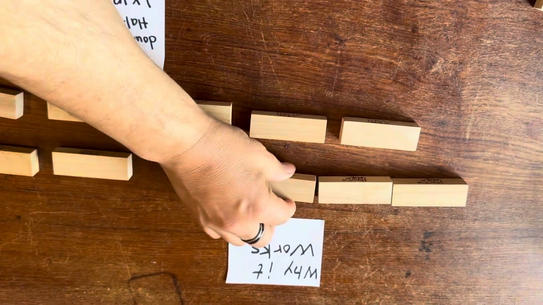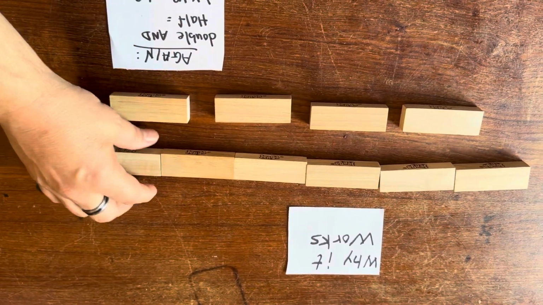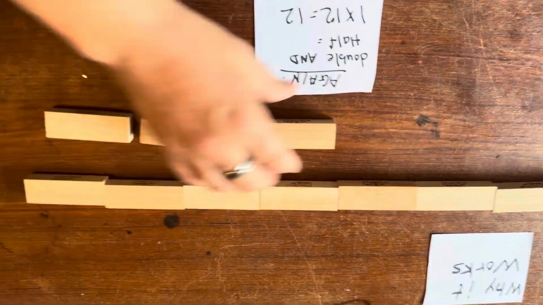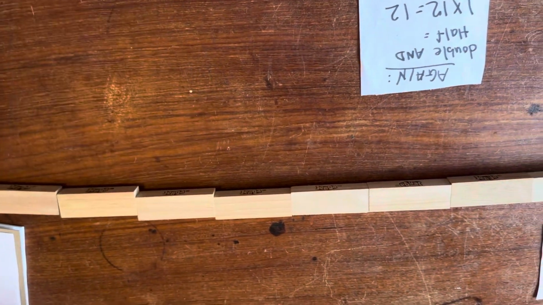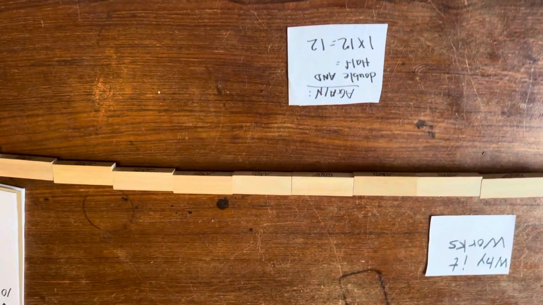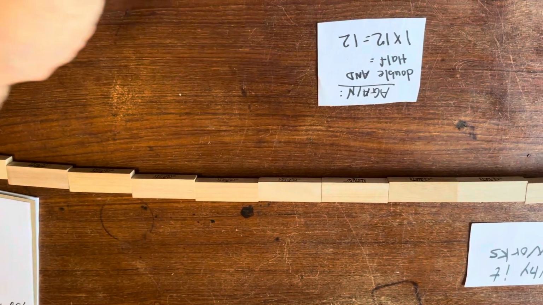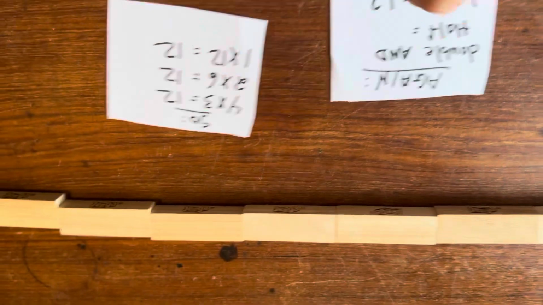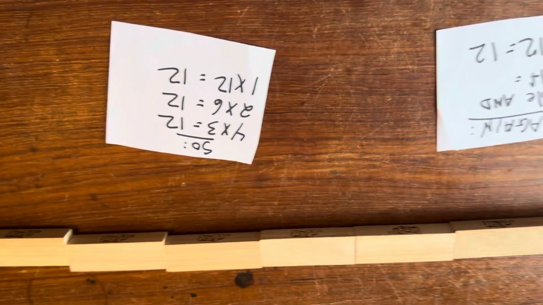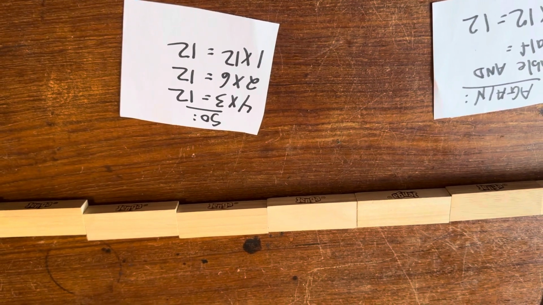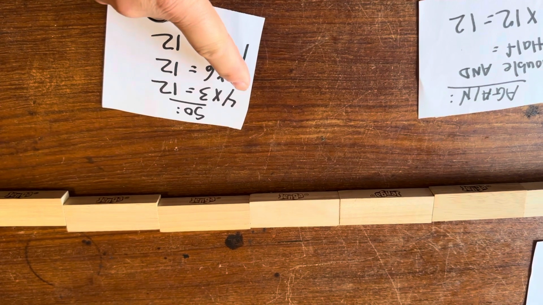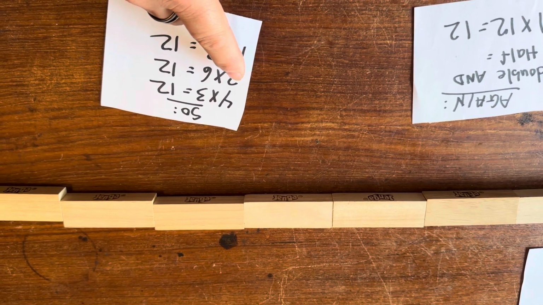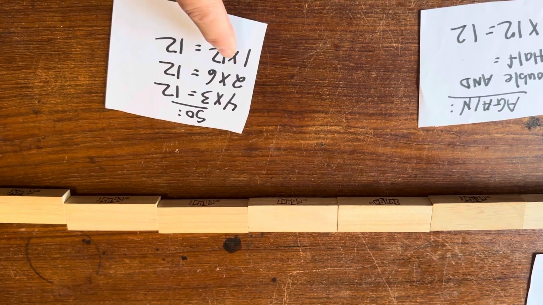So we half the 2, which would be 1 row, and double, so now we have 1 row of 12. And so it would look like this. We started out with 4 times 3 equals 12. And then we half that, 4 to 2, and double the 3 to 6, we still get 12. And then we continue by halving the 2 to 1 and doubling the 6 to 12, and it still equals 12.